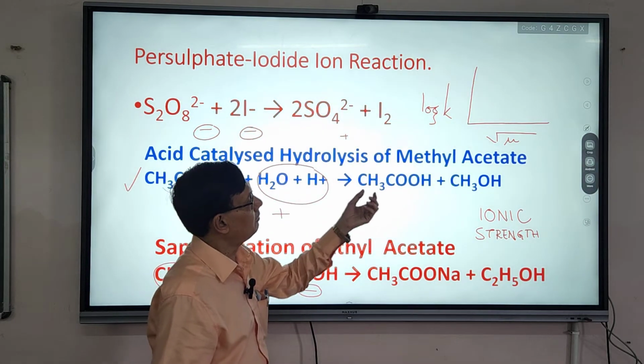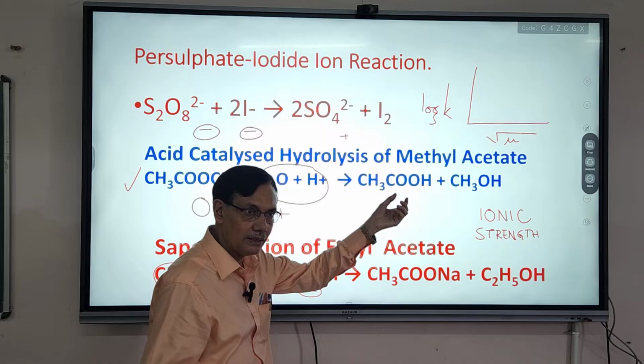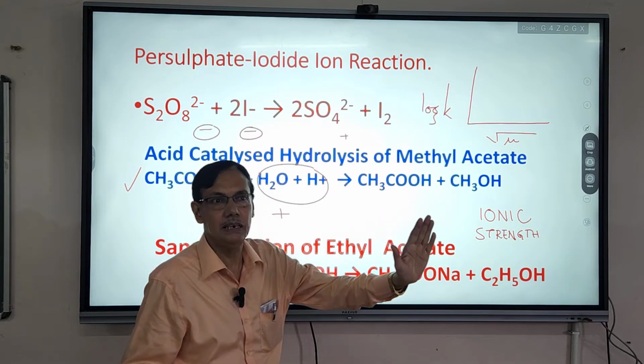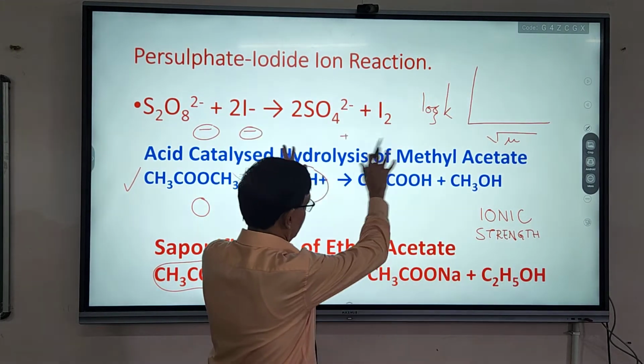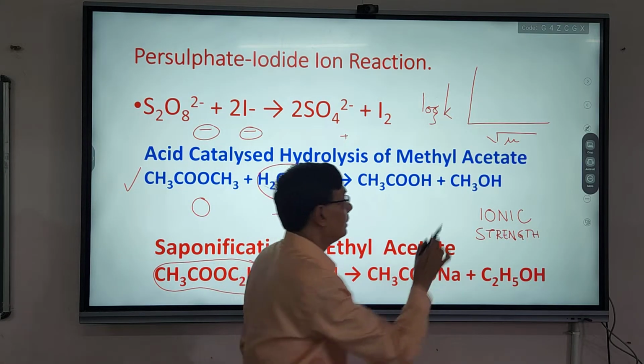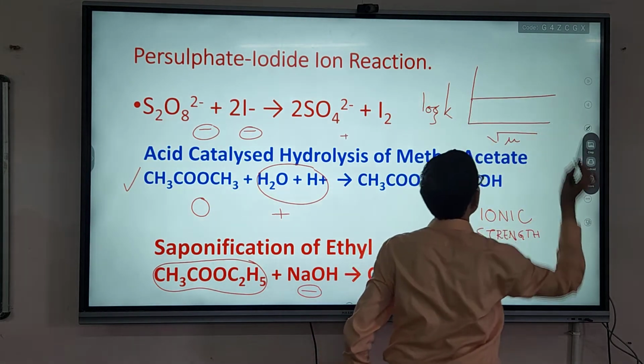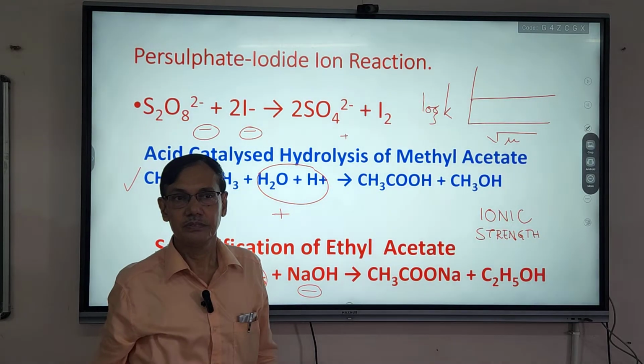When you plot a graph between log of K observed and different concentrations of KCl, in the case of methyl acetate hydrolysis, there is no effect. Why?